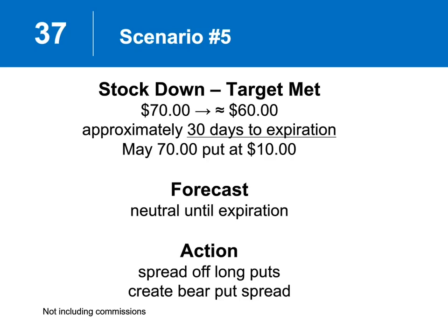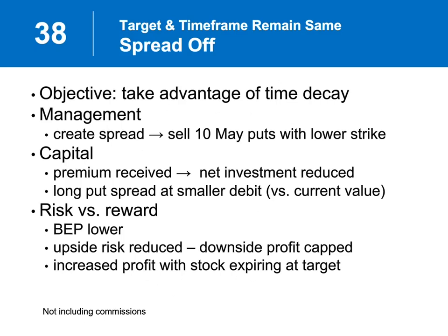Well, $10 differential between the strikes means, at 60 or below, that vertical spread's going to be worth $10. So that's why if our forecast is neutral here, we decide to put on this 70-60 put spread basically with the idea of taking advantage of time decay.